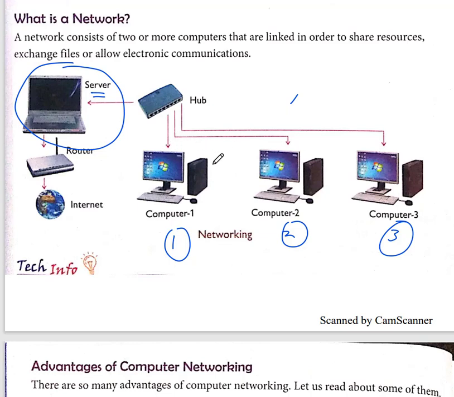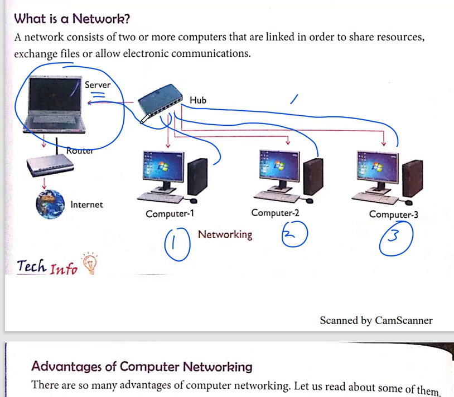So the networking cable from this PC will be connected to the hub. From this PC also it will be connected to the hub. Then the third PC will also connect to the hub. And this server PC will also be connected to this hub. You can see so many ports here, right? So we can use 4 ports here, 1 for the server computer and 3 for the client PCs. And in this way they all will be connected together.